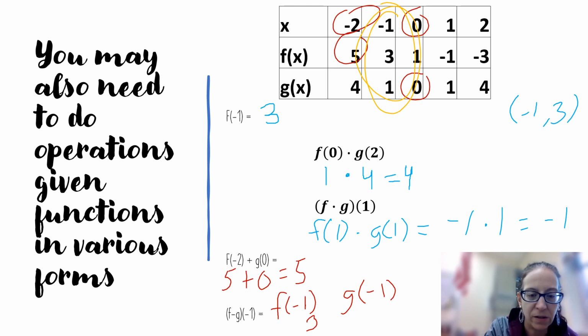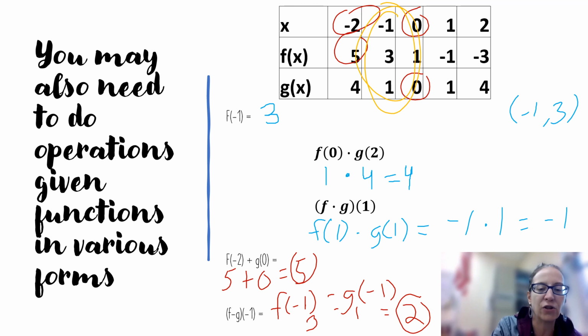That should be a minus. There we go. And g of -1 is 1, and 3 minus 1 is 2. So if you were able to get 5 and 2 as your answers, then yay, you've got that from the table.